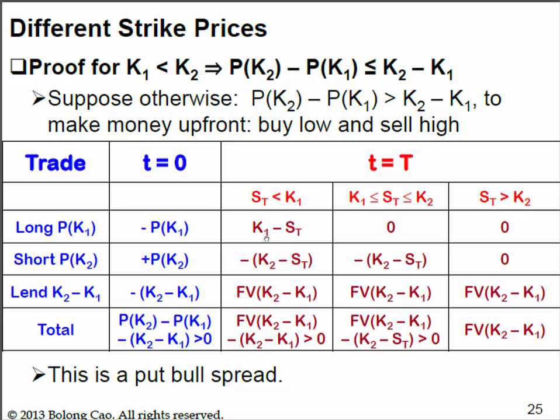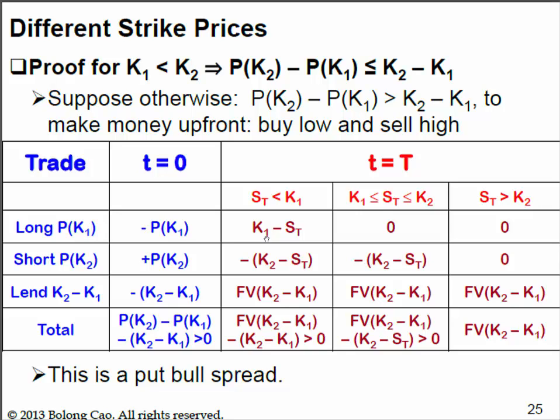Now, look at the underlying price expiring beyond the high strike. Both put options are out of the money. And the only payoff is the future value of the difference in the strikes. That in itself is a positive number. So if you summarize the last row, what does the total say? At time 0, I have some cash coming in.